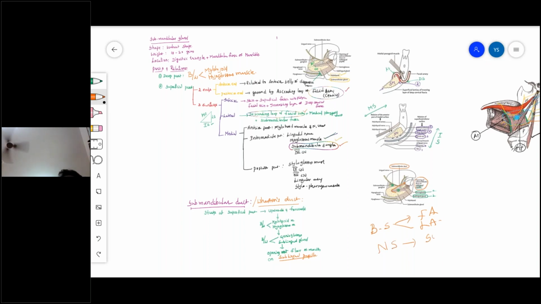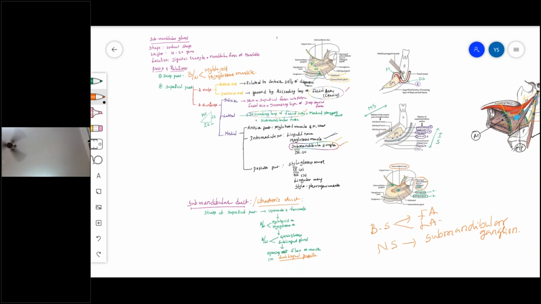What is the ganglion? The submandibular ganglion. That is the nerve supply. Is it clear? Lymphatic drainage is to the submandibular lymph nodes. Is it clear?